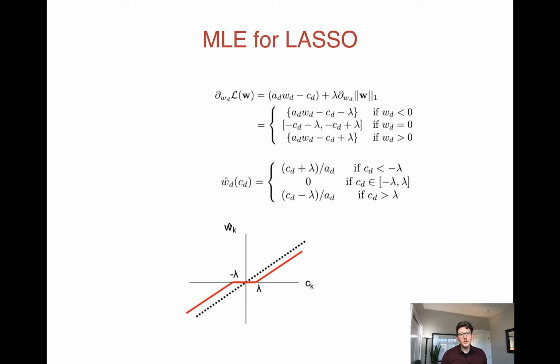So in some sense, this is different than the case where we have just our normal linear regression optimization. You can see that only when C is exactly 0 do we also set W to be 0. In the regularized case, there's this big range from negative lambda to positive lambda where we set W to 0. So we can kind of see from our optimization why, when we apply that optimization, we end up with a lot of zeros in our optimized parameters.